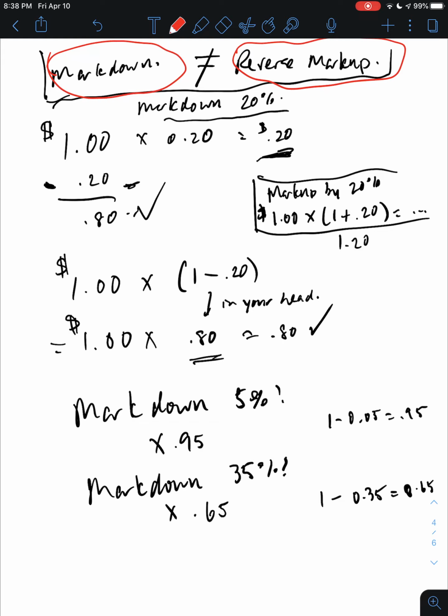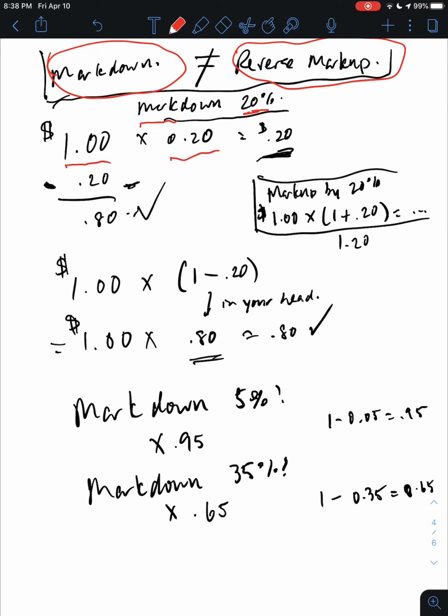Now let's take a closer look at markdown. Suppose I'm in a store and there's a sale, a 20% off sale. I want to figure out what the prices are. So here is the standard way to do a markdown, the two-step method. I'm going to take my original price, $1, and multiply it by 20%.